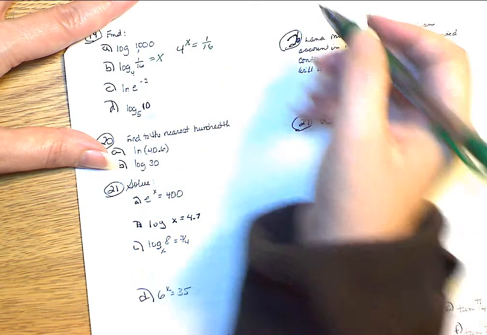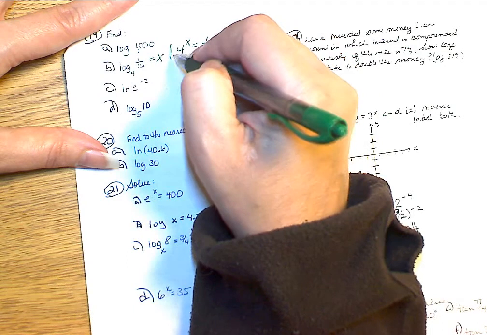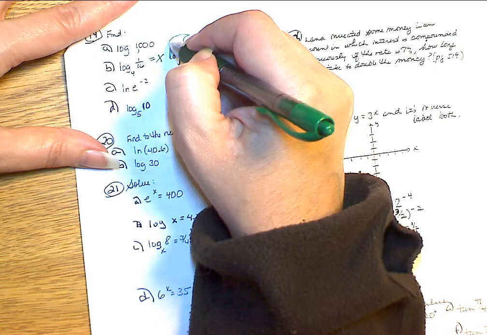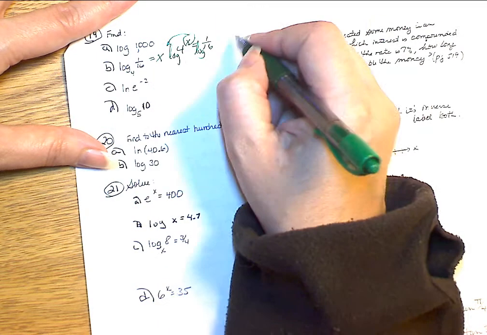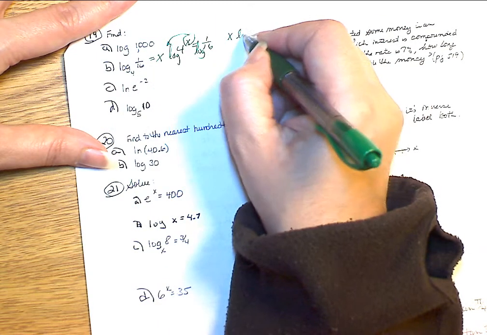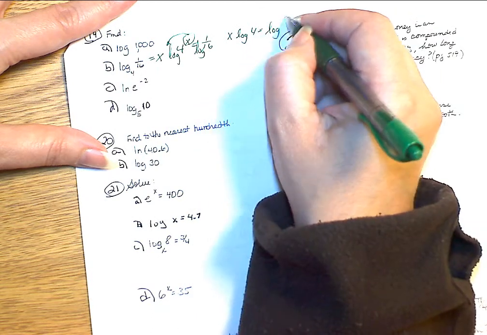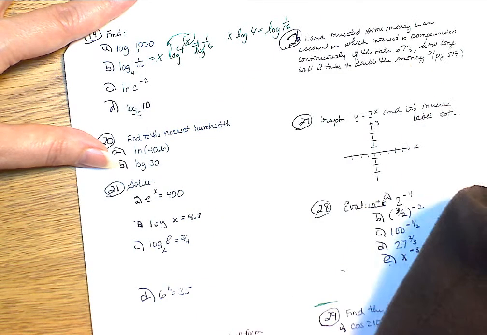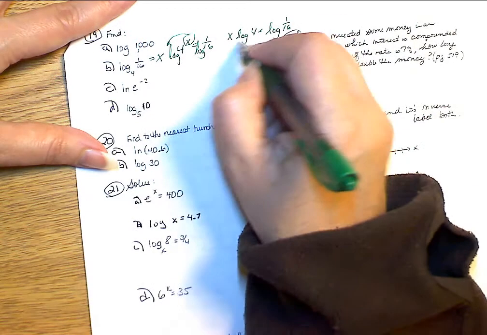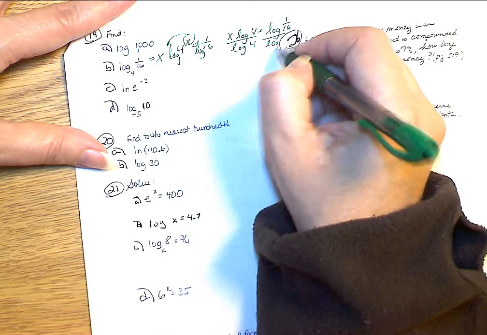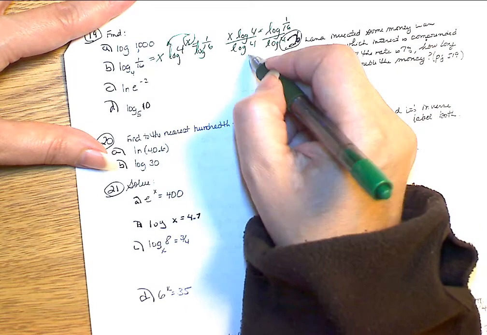What's the cool thing about logs is you can take the log of both sides so that this guy can jump down. So we have x log 4 is equal to log of 1/16. And then I would simply divide by log 4. And x is equal to my negative 2.